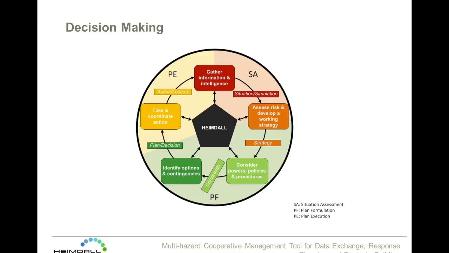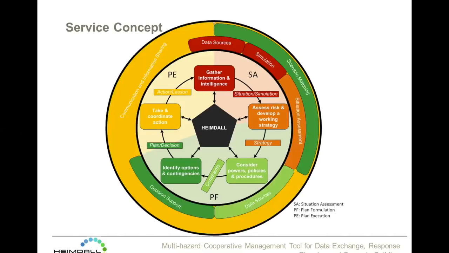So we took this model and investigated how the HEIMDALL system can support end users in their job in responding to disaster situations. And we basically came up with this. Here we see that each step and phase is assigned a functionality provided by the HEIMDALL system that supports it.